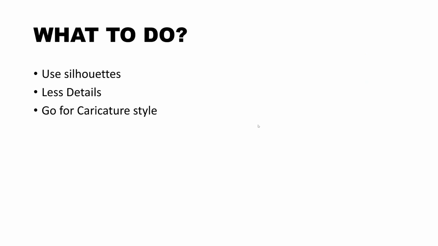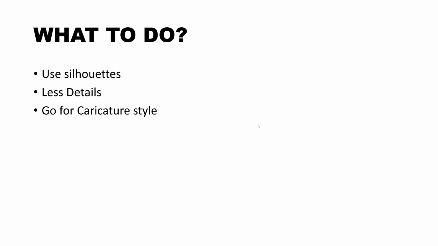So just to summarize, if you are creating designs that include human-made objects, mostly go for silhouettes, broad shapes with less detail. And if you want a colored illustration or a slightly detailed illustration, go for a caricature style of illustration, put in some details but avoid straight lines, especially in terms of vehicles and those kinds of things.